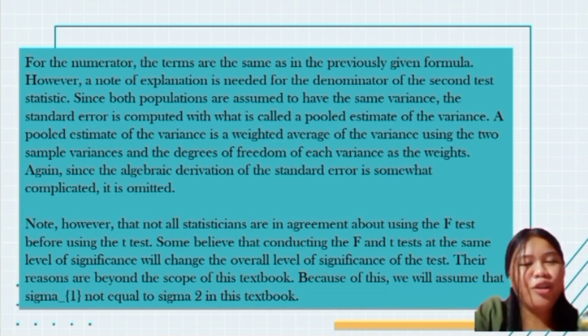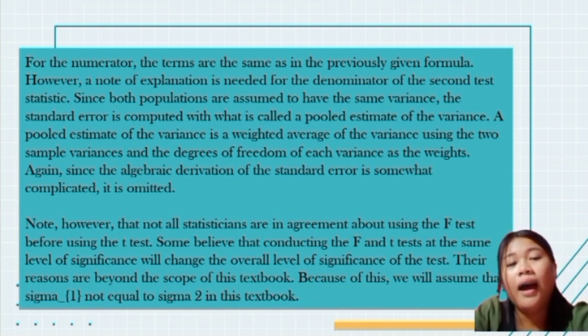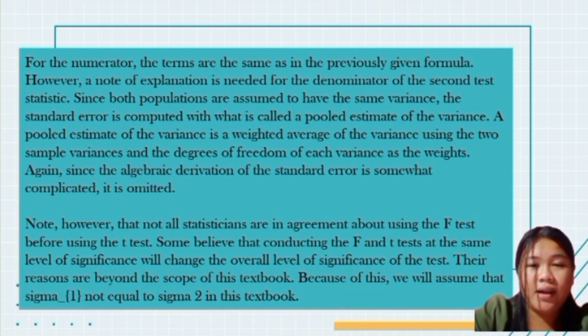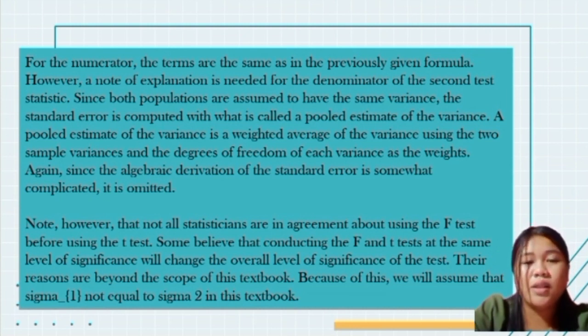However, a note of explanation is needed for the denominator of the second test statistic. Since both populations are assumed to have the same variance, the standard error is computed with what is called a pooled estimate of variance. What is the pooled estimate of variance? It is a weighted average of the variances using the two sample variances and the degrees of freedom of each variance as the weights.